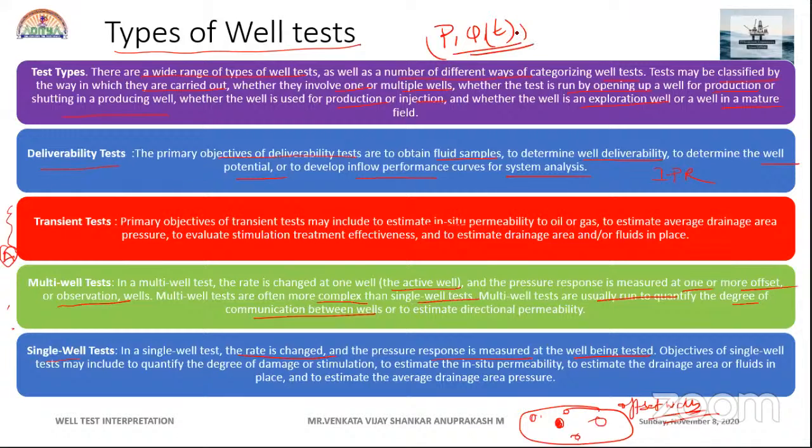Using the same data, we are estimating all of this. The objectives of a single well test include the degree of damage or in situ combustion, even the drainage area. Is it a near region or a far region, up to where it has been? So there we'll talk about the radius of investigation. Is it near or far from your response?